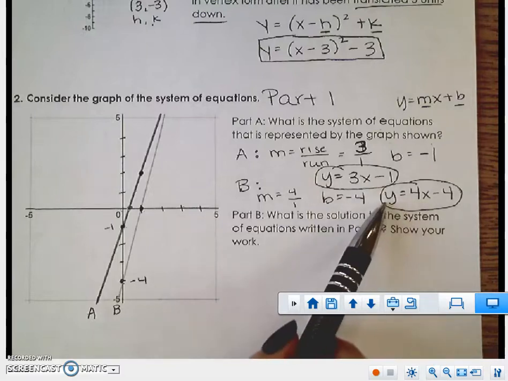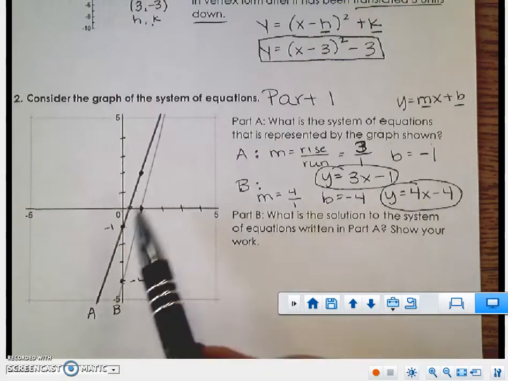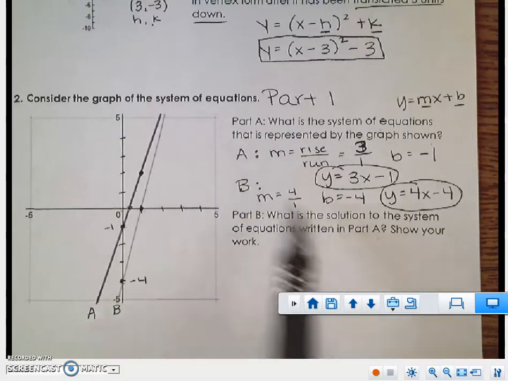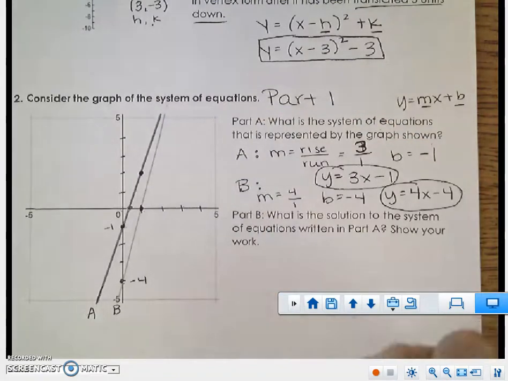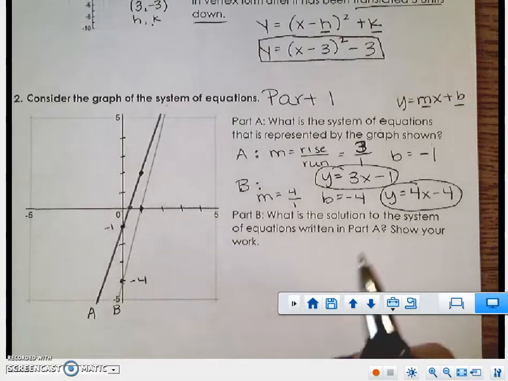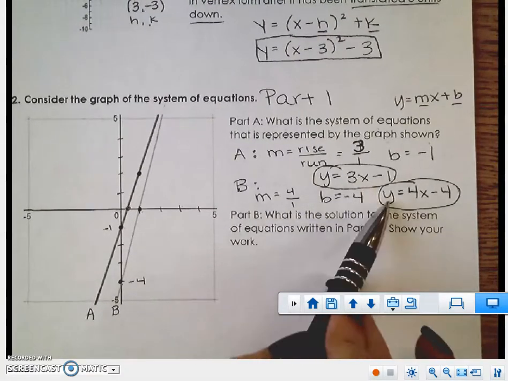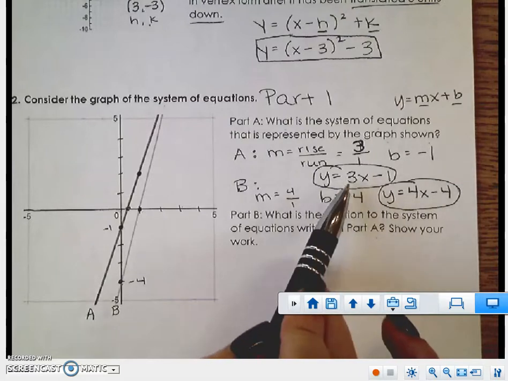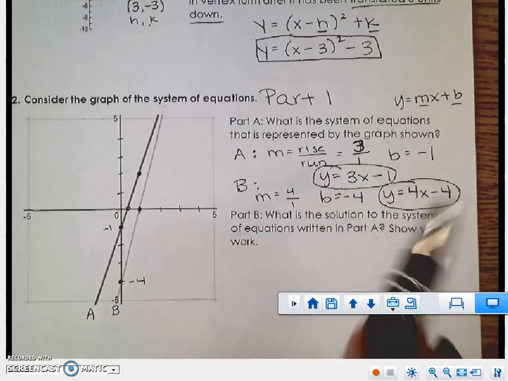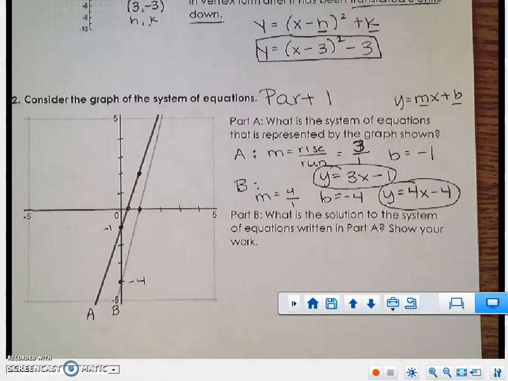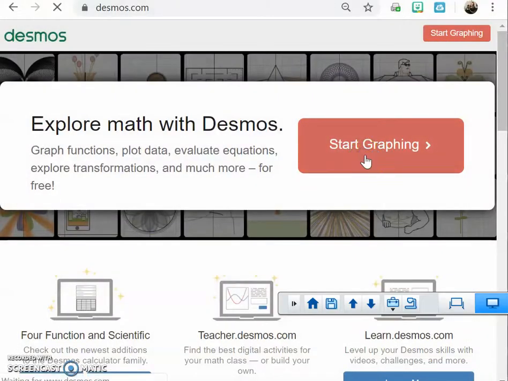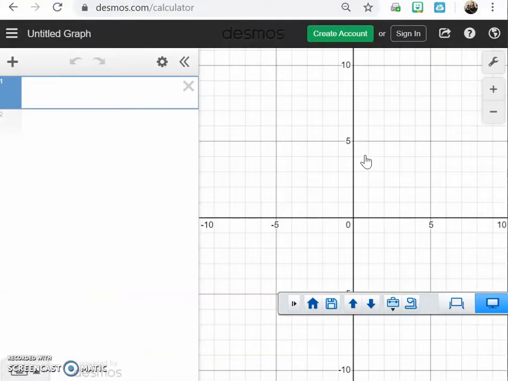So we just wrote these equations, but if you're looking at this graph, remember that the solution is where the lines cross. You could approximate that they would cross somewhere up here, but we need to find out what that exact point is. Because you have two equations in slope-intercept form, you could go to Desmos and graph both of your equations.